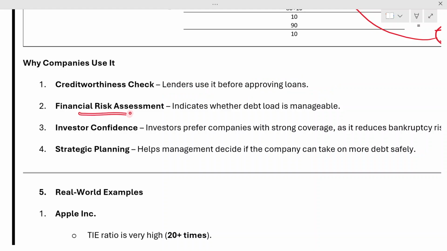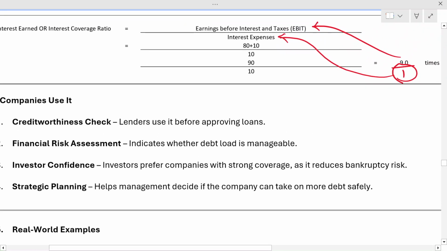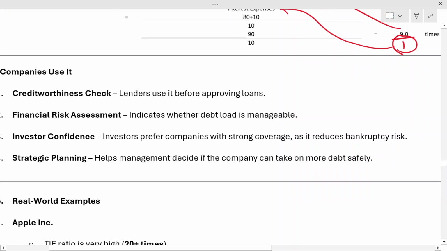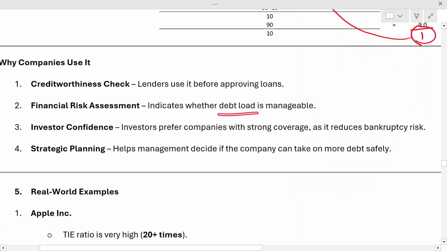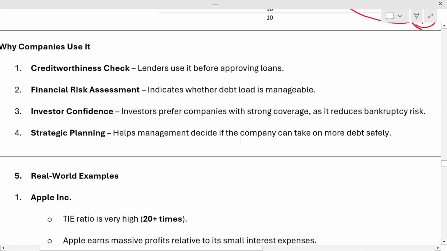Then this also helps in financial risk assessment, whether the debt load is manageable. If the debt is increasing a lot, the interest component will increase, and if the interest component increases, this ratio will decrease. So it shows whether the debt is manageable or not. Also, investors prefer companies with strong coverage because it reduces the bankruptcy risk.